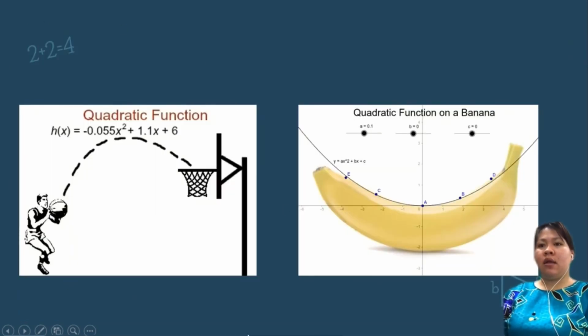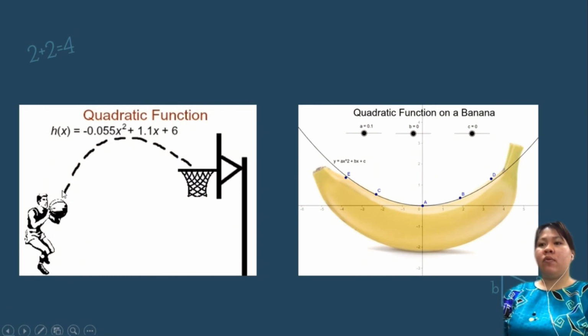Okay, look at these two pictures. For the first one, we see the equation is ax squared plus bx plus c, the general form. So from this equation, we know that the graph of the function is downward.